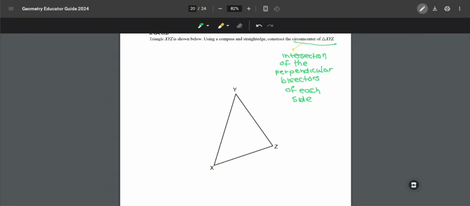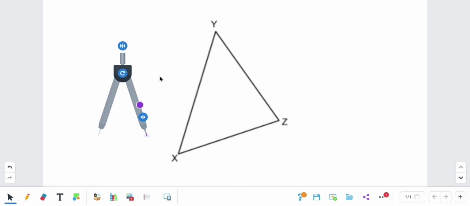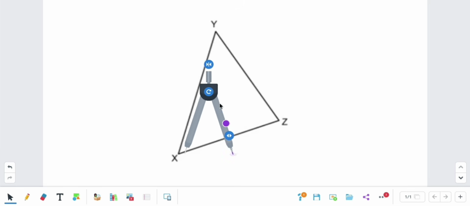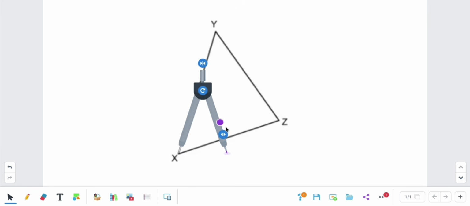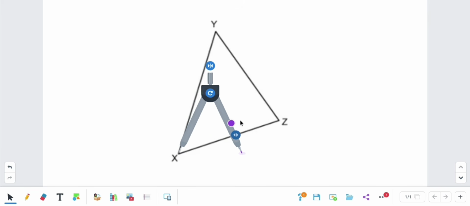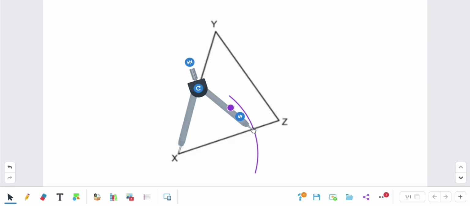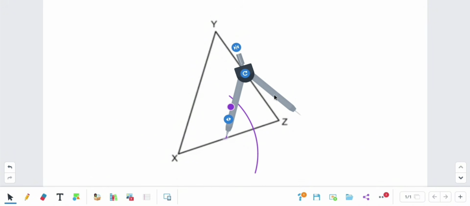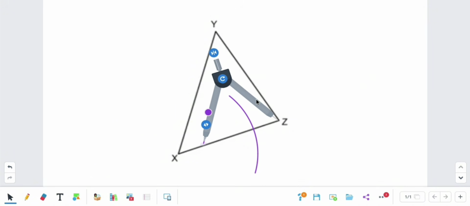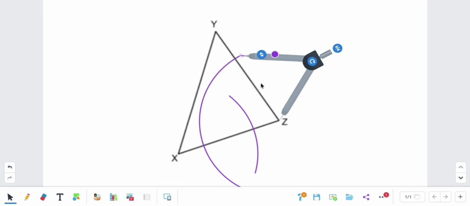Okay? So I'm going to show you how to do that. So I have my triangle, and then I'm going to put my compass on my first side. So I'm going to do it at X, and then I'm going to stretch out my compass so that it's more than halfway through, and then I'm going to draw my arc. I'm going to keep my distance the same, and I'm going to go to my other point, point Z, and then I'm going to draw my other arc.